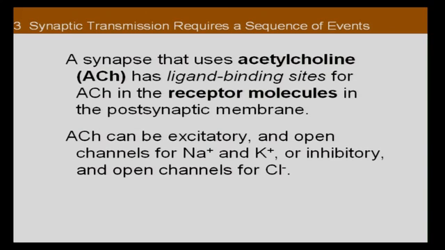So if I were going to ask you whether this will cause an excitatory postsynaptic potential or an inhibitory postsynaptic potential, you can't just know what transmitter the synapse is using. You have to know what flavor of receptor is in that postsynaptic membrane. Because even the same acetylcholine at different synapses can be excitatory, causing EPSPs, or inhibitory, causing IPSPs.